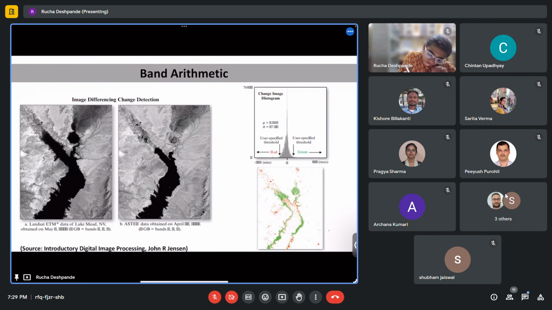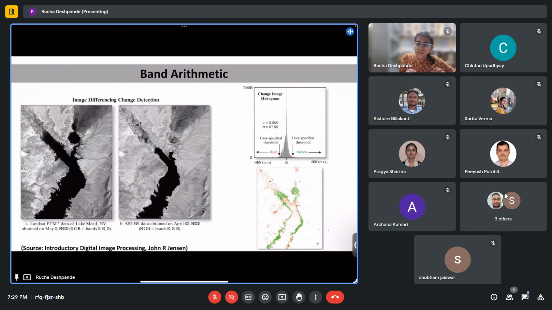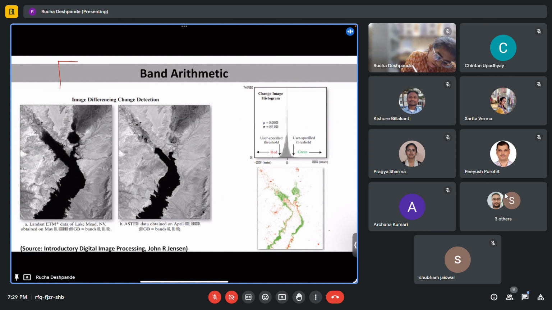So now let's talk about band arithmetic. Here we perform operations on individual pixels to enhance or suppress certain features in the image.